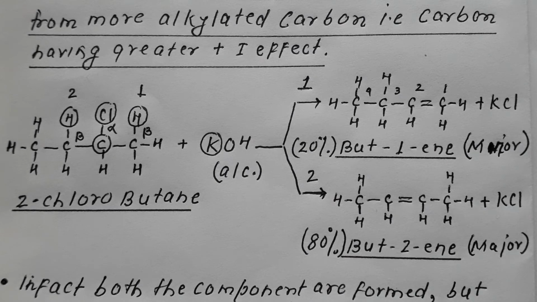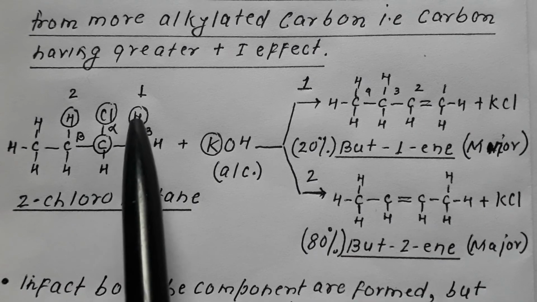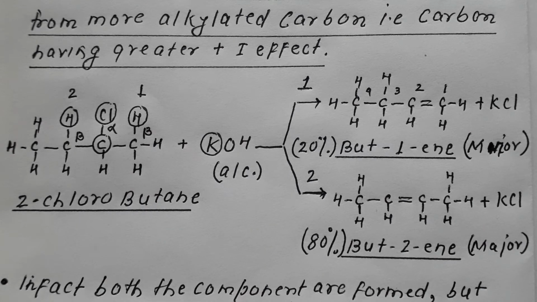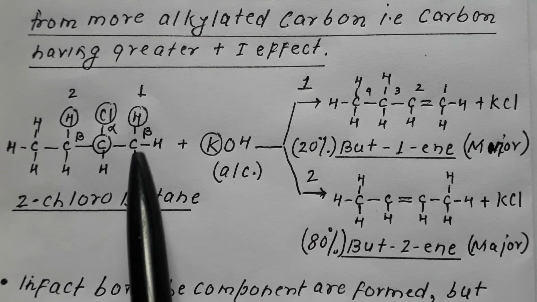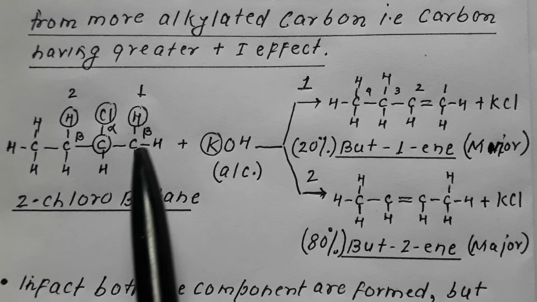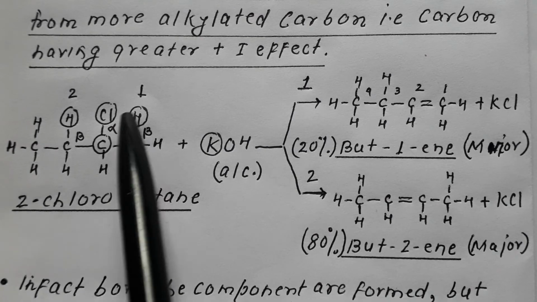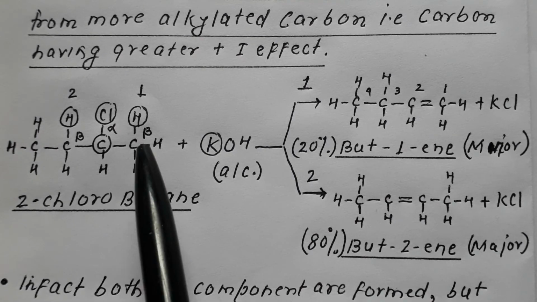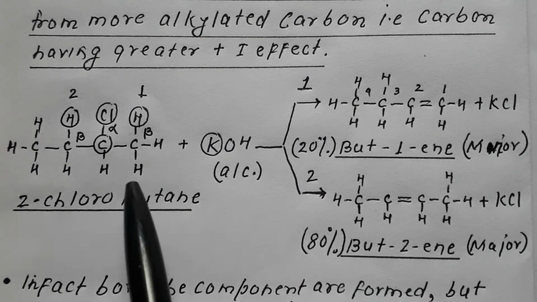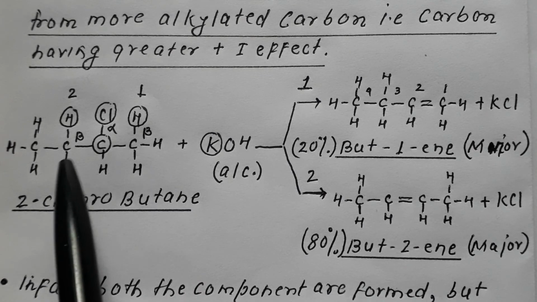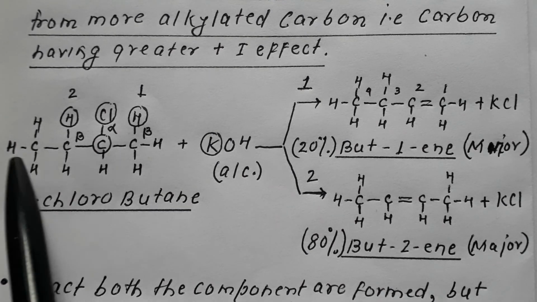Now, according to Saytzeff rule, will hydrogen 1 go or hydrogen 2? The rule says that hydrogen is always eliminated from the carbon which is more alkylated, that is, having higher plus I effect. So look at this beta carbon. This beta carbon has only hydrogen and no alkyl, whereas the other beta carbon has one alkyl.